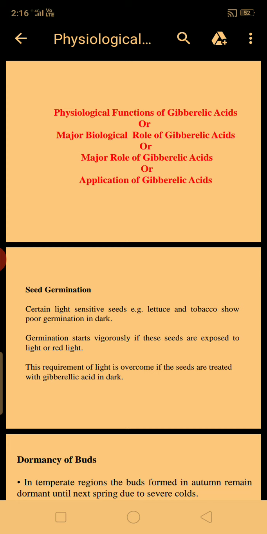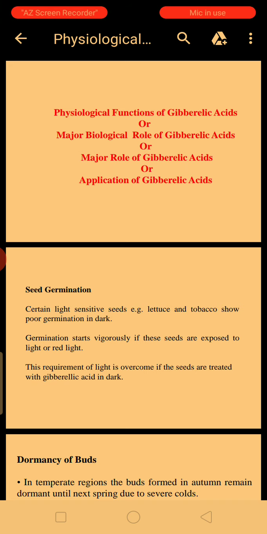As you know, gibberellic acid has a lot of major biological roles in the growth and development of the plant. For example, seed germination. What is the role of gibberellic acid in seed germination? What is the role of gibberellic acid in the formation of alpha amylase?